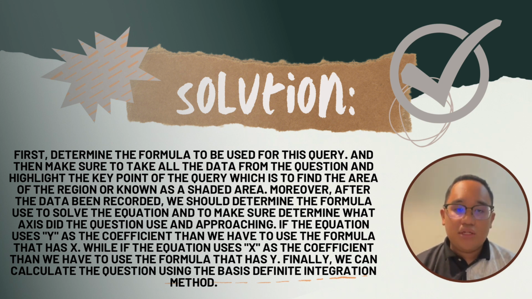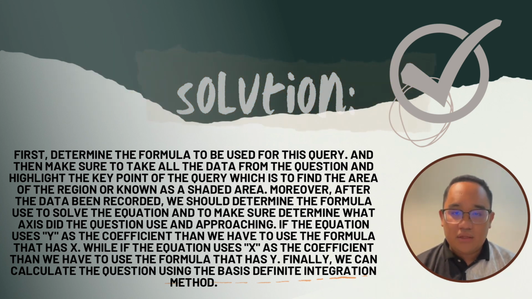If the equation uses y as a coefficient, then we use the formula that has x. While if the equation uses x as a coefficient, then we use the formula that has y. Finally, we can calculate the equation using the basic integration method.